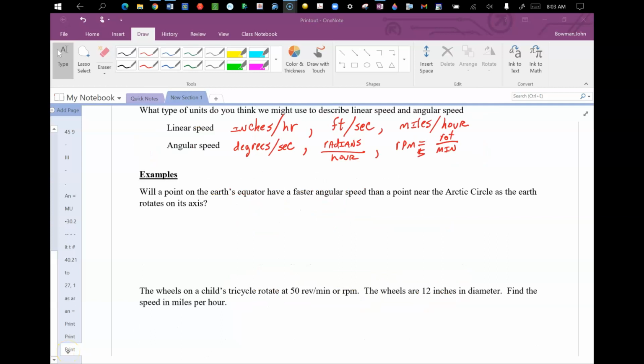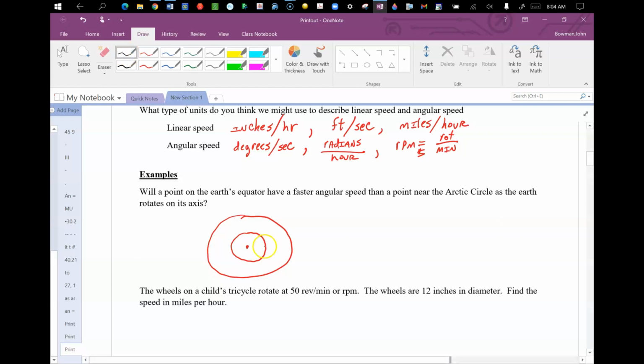So let's take these ideas and put them into use and do some examples. The first example asks, will a point on the Earth's equator have a faster angular speed than a point near the Arctic Circle as the Earth rotates on its axis? So imagine looking down from above the Earth, down at the axis of the Earth at the center, and the outer circle is the equator, and the inner circle is the Arctic Circle.